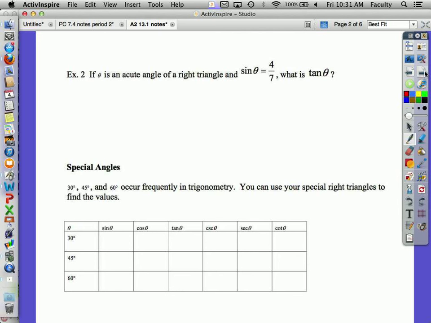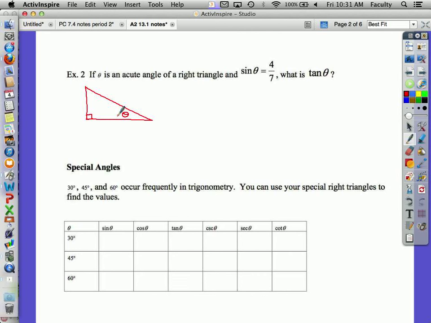What is an acute angle? It's less than 90 degrees. It's less than 90 degrees, okay? And it's in a right triangle. So I'm going to stop a moment and draw a right triangle. If it's in a right triangle, those other 2 angles together add up to 90, so that means theta and the other one are definitely acute.